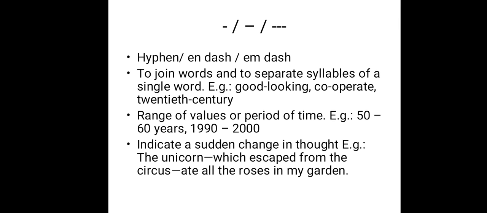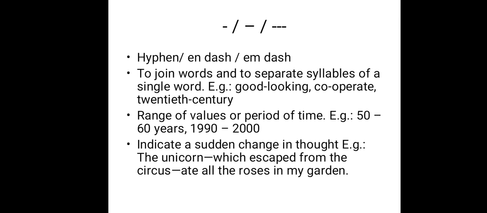Generally we use an n dash between a range of values or a period of time, like the example here, 50 to 60 years, 1990 to 2000, but that's what we mean by n dash. See, can you see the size of a hyphen is slightly smaller than the n dash, and the m dash is slightly bigger than the n dash.